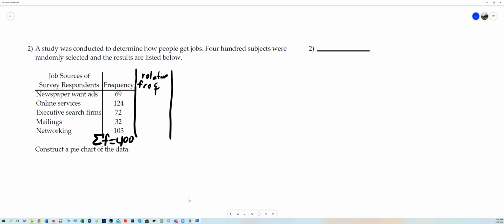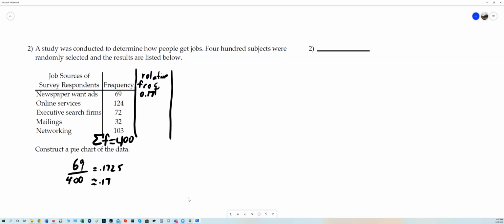So now, in order to find the first relative frequency, we take 69 and divide it by 400. So when you take 69 and divide that by 400, you get 0.1725, which is approximately 0.17. So I rounded it to 0.17.